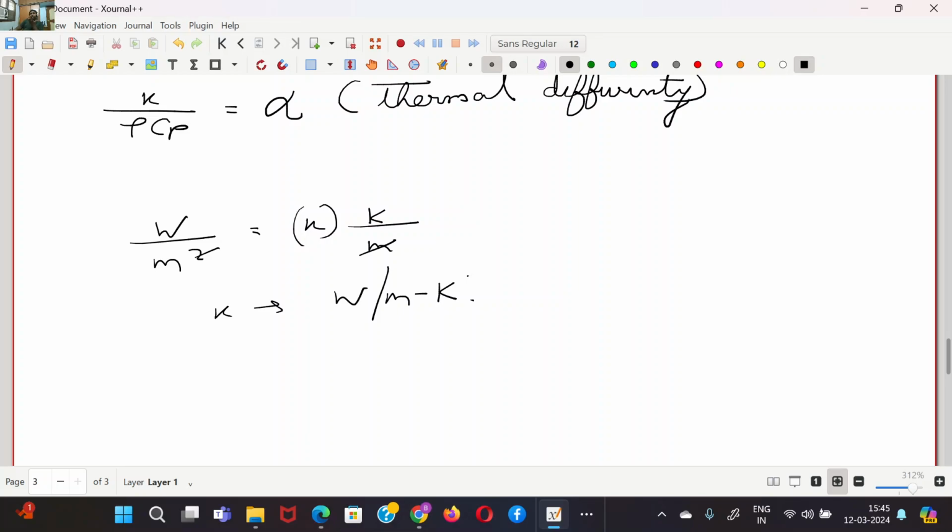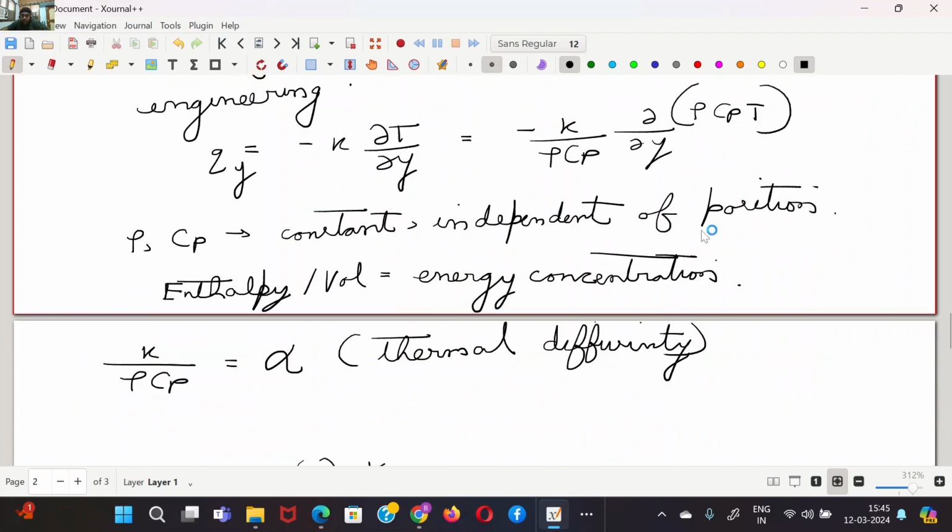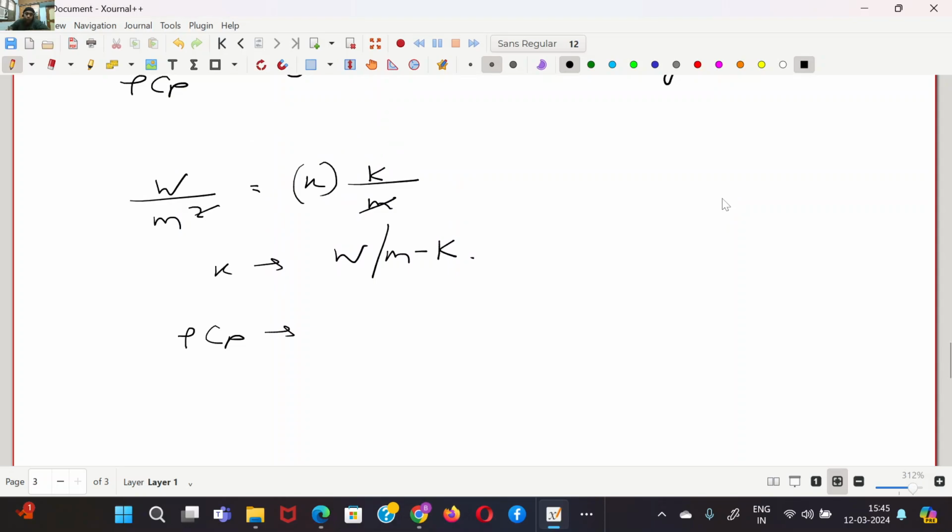Obviously watt has the units of power. And what is rho Cp? Units. It's a heat content, right? So it's joule divided by meter cube, because it is the heat concentration. So it will be joule per meter cube per Kelvin.